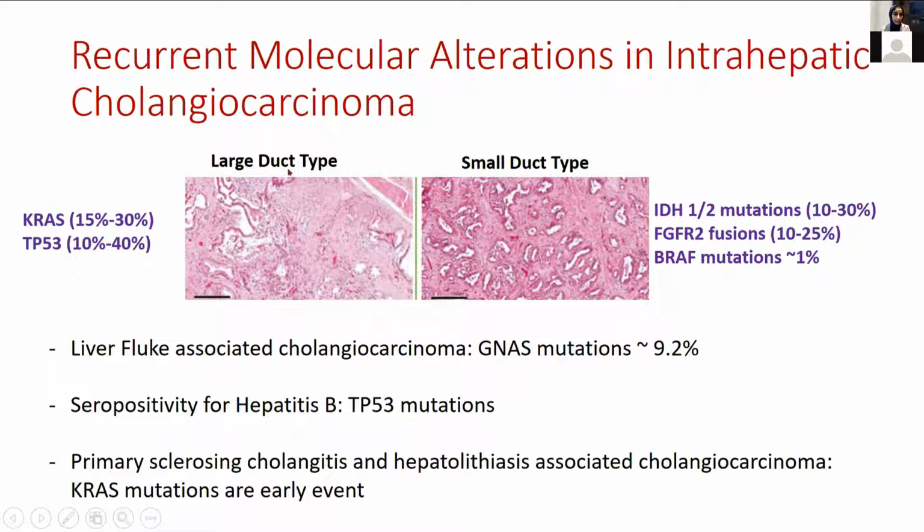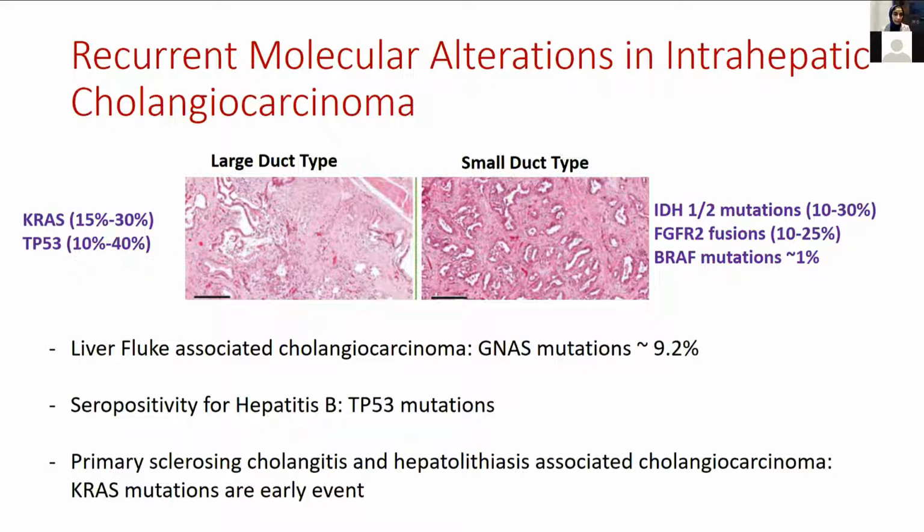The large duct type is interesting in the sense that it is genomically mirroring the extrahepatic cholangiocarcinoma, and it's characterized by frequent KRAS and TP53 mutations. There are also certain clinical categories that have molecular correlates.